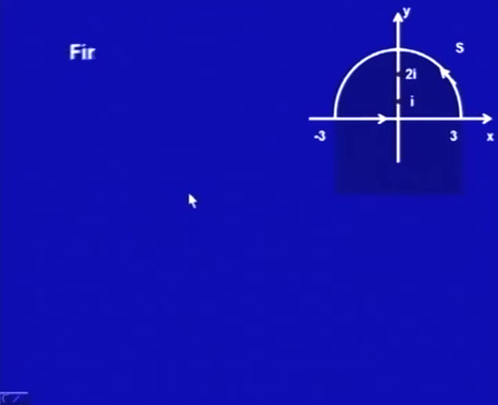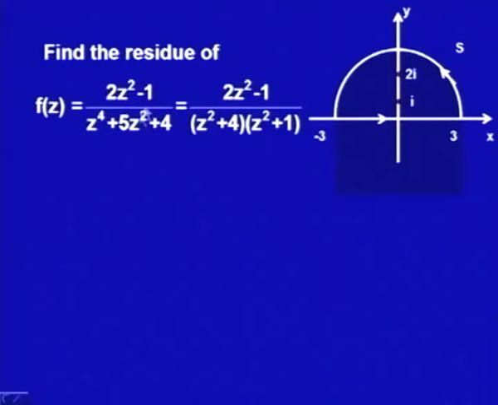Let us see. The function is (2z square minus 1) upon (z to the power 4 plus 5z square plus 4). This we could write as z to the power 4 plus 4z square plus z square plus 4, that is, (z square plus 4) into (z square plus 1).